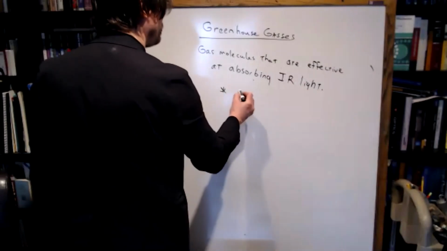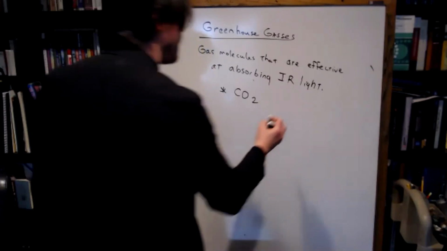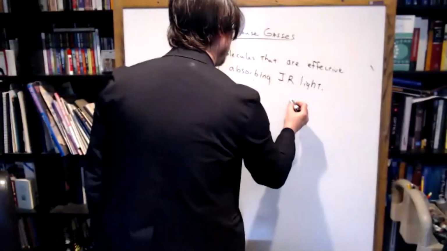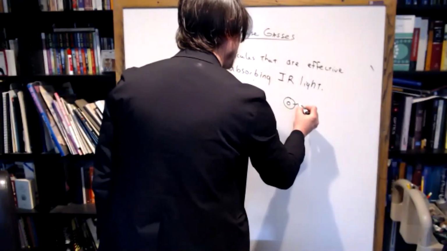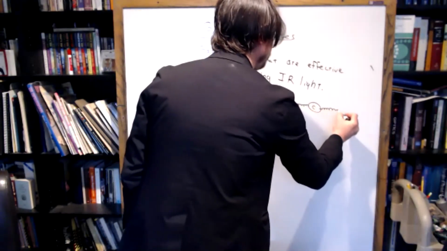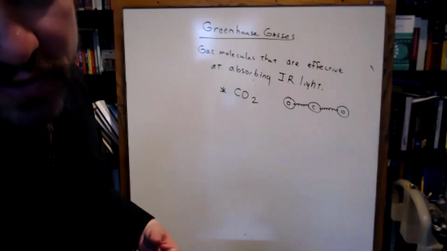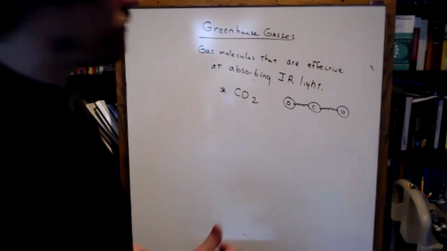Greenhouse gases include things like CO2, a very powerful greenhouse gas. CO2 has 2 oxygen atoms bound by little springs to a carbon atom. These molecules have vibrational modes, and they can vibrate in a number of different ways.